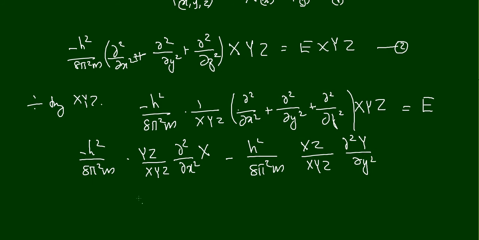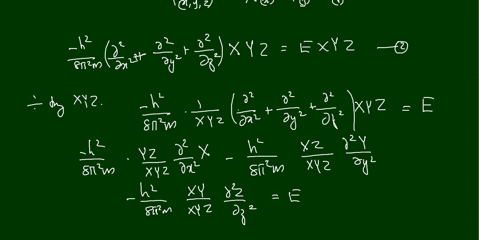Then minus h square divided by 8 pi square m, into XY divided by XYZ, dou square Z divided by dou z square. Okay, so the left hand side is complete and that is equal to E, right?